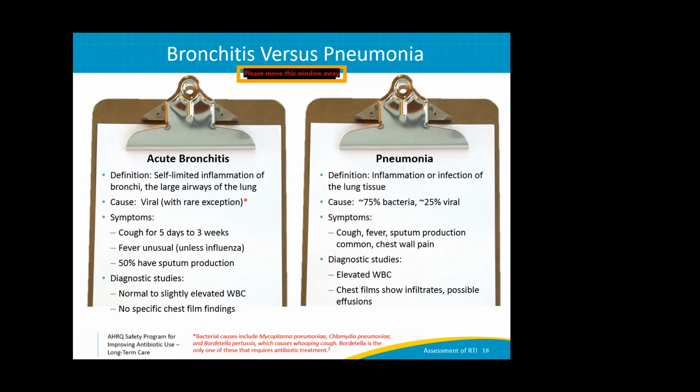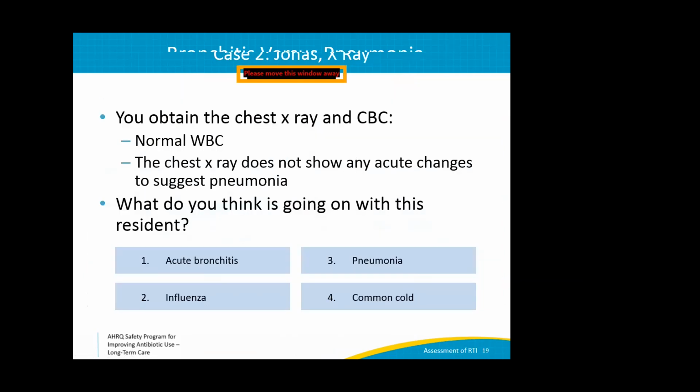When it comes to diagnostic test results, both patients may have an elevated white blood cell count, although typically in pneumonia, the elevation will be higher. And critically, a patient with acute bronchitis should not have any specific chest x-ray findings, whereas in a patient with pneumonia, you would typically expect to see some acute change, a pulmonary infiltrate, and potentially pleural effusion, new compared to their baseline imaging.